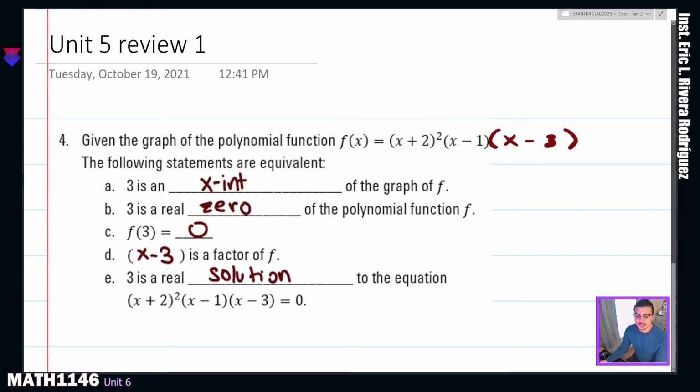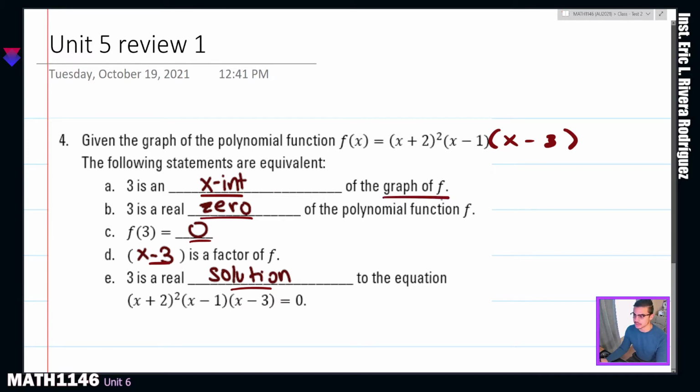All right, so here, we know that all these concepts, x-intercepts, a 0, a factor, a solution, a value of 0, are equivalent concepts. But we want to make sense with the context that we are talking about.